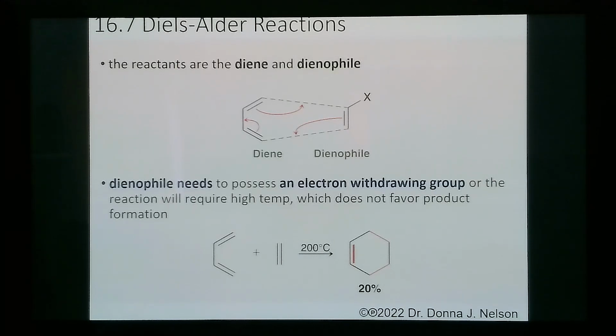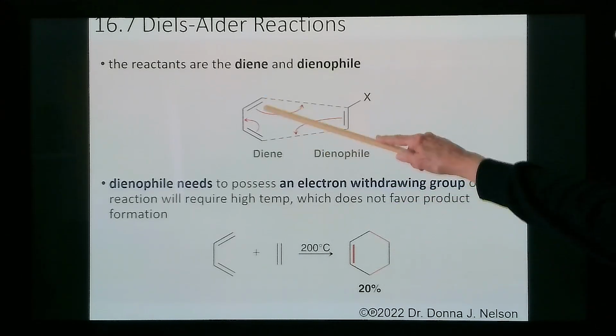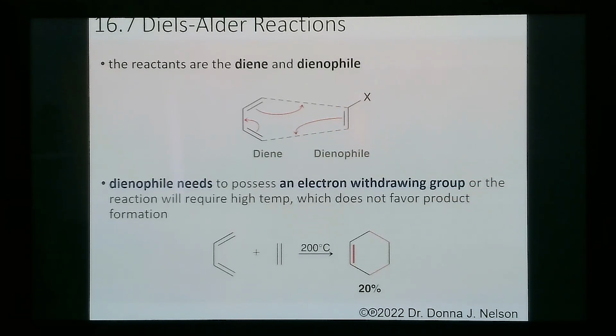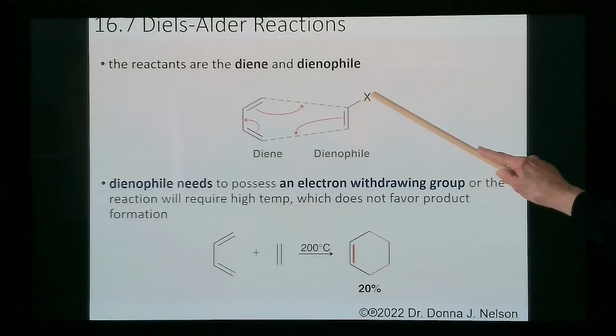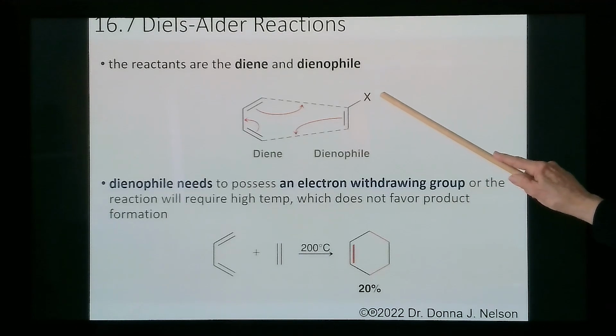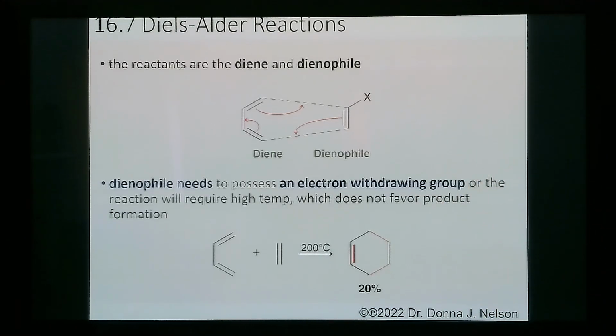So in the Diels-Alder reactions, these are called the diene and the dienophile. It's very helpful if the dienophile bears an electron withdrawing group. It makes the reaction more facile.